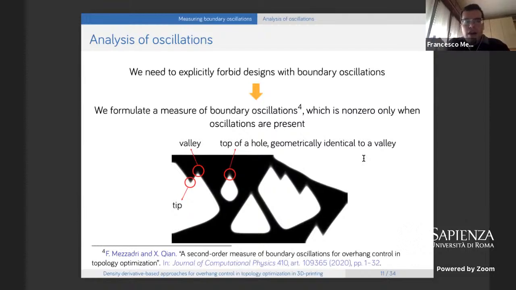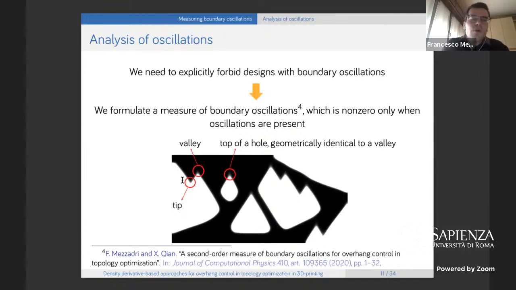Once we have characterized them, we can formulate a measure of boundary oscillations. And then, once we can measure boundary oscillations, we can formulate some approach, some technique to suppress them. Before doing so, let us make a few considerations and introduce some notation.